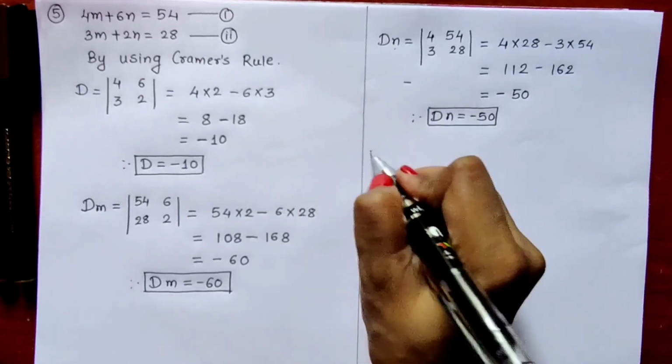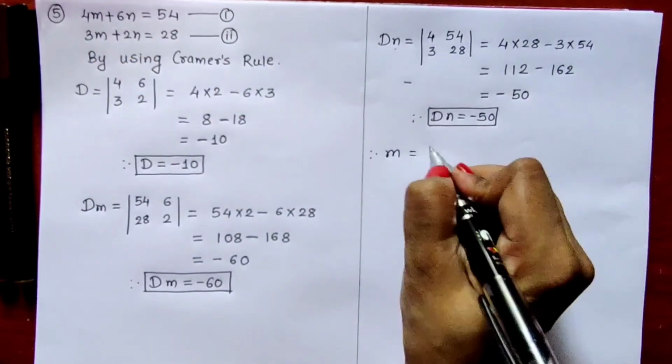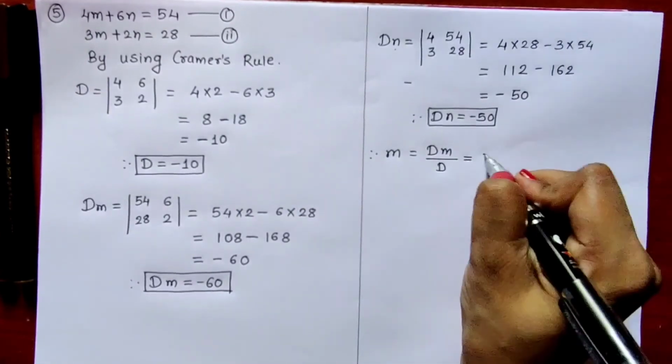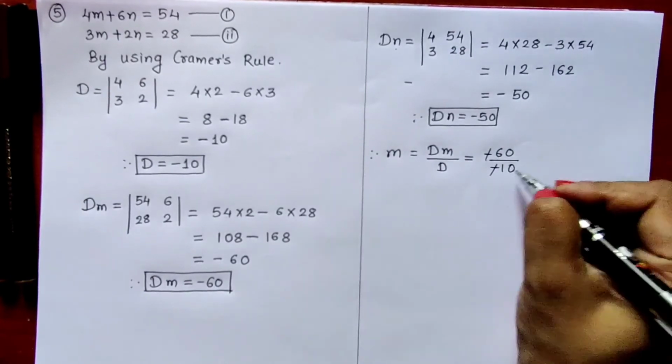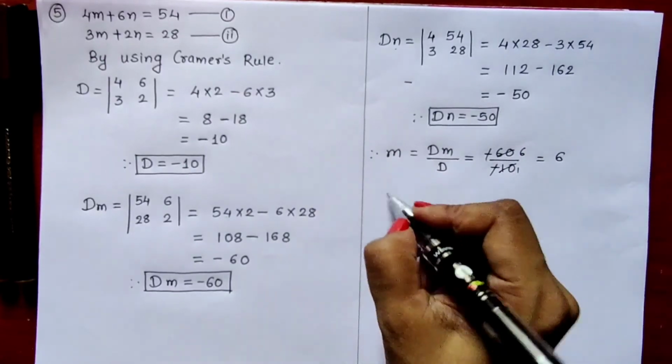Now let us find out the values of variables. First variable is m, so m will be equal to dm upon d. dm we have got minus 60, upon d is minus 10, minus minus cancel, 10 1s are 10, 10 6s are 60, so m is equal to 6.